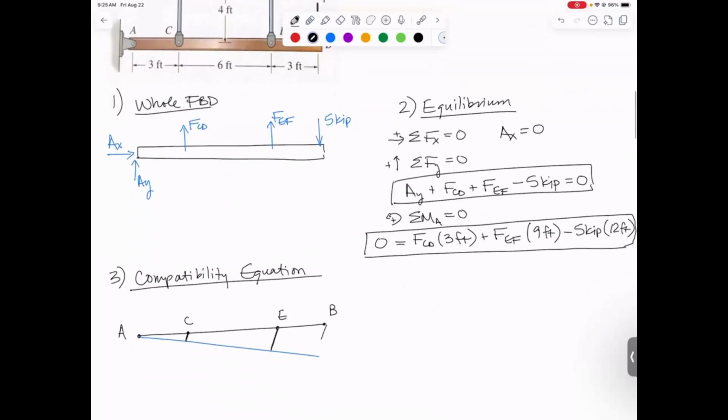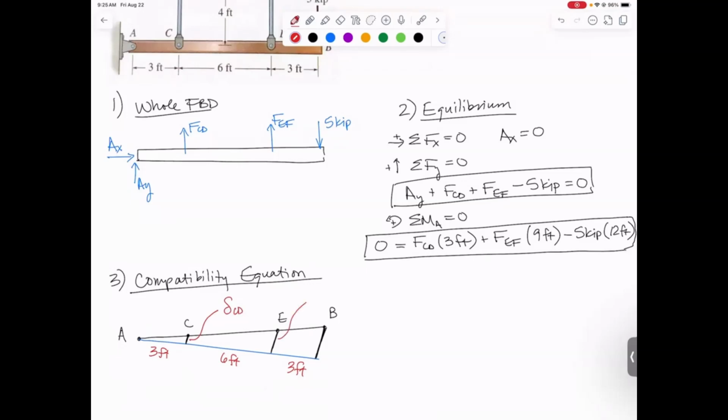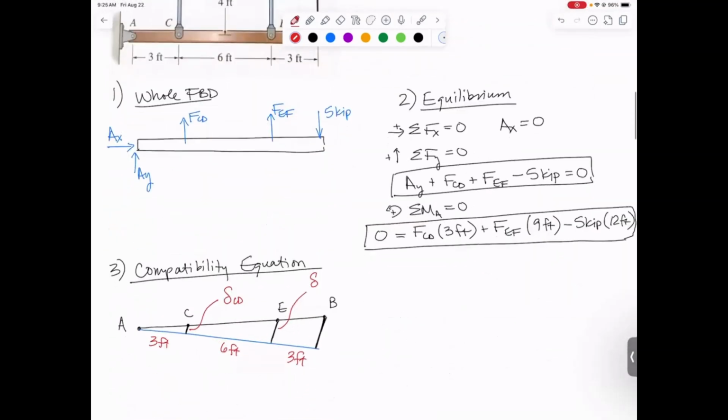And right there is going to be how far point B moves. And I know these lengths, right? The whole bar rotated. So we're going to say that this is 3 feet, this is 6 feet, and this is 3 more feet. We're calling that the length change of CD, calling that side the length change of EF.